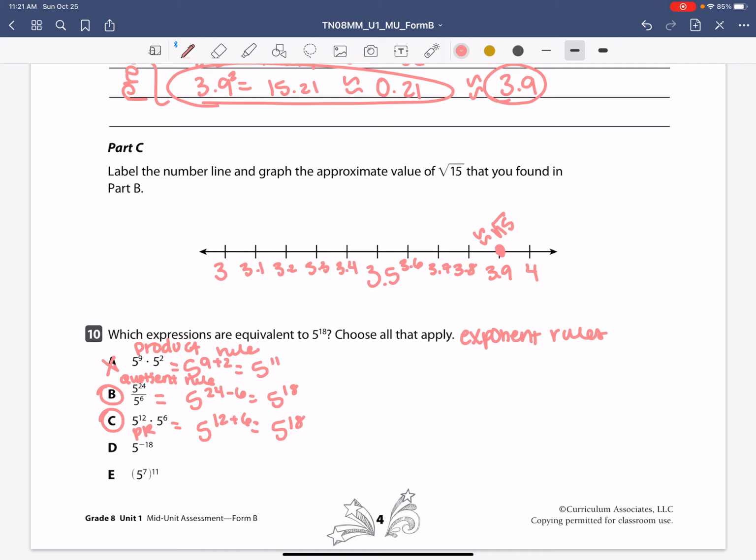D, 5 to the negative 18th power. You can clearly see that is not the same. One exponent is positive, one is negative, so they don't have the same value. This was actually equal to 1 over 5 to the 18th power, which is way smaller, and of course the inverse of 5 to the positive 18th, so no. And then finally you have E, which is the power rule.